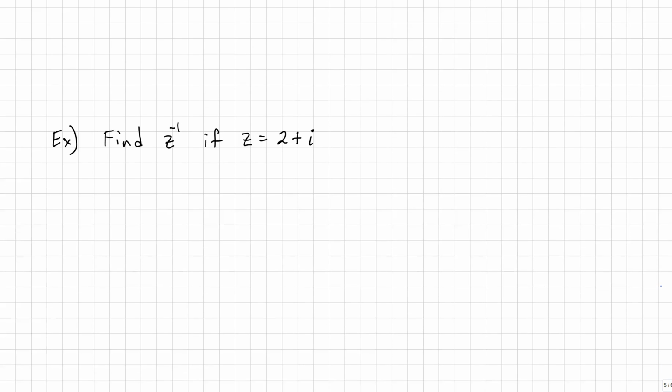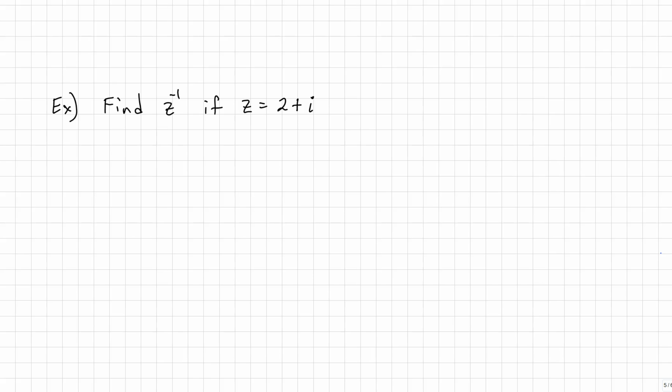So let's give that a try. Let's find the multiplicative inverse of 2 plus i. So z equals 2 plus i, which means its real part is 2 and its imaginary part is 1.